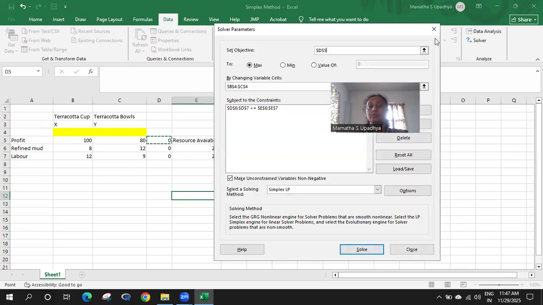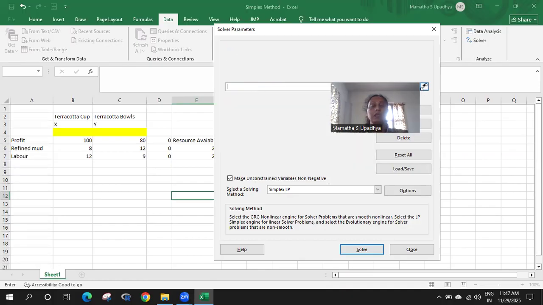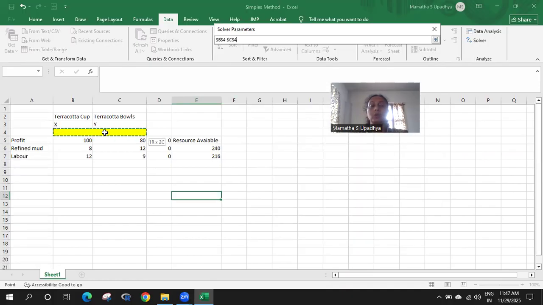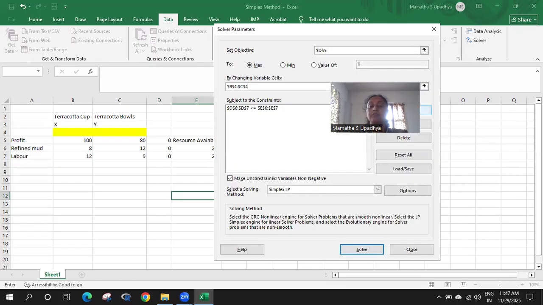Since we want to maximize the profit, let me select max. Then it is asking for the by changing variable cells. The cells I colored in yellow are our changing variable cells, so let me select that. After this, select a solving method. You can select the solving method as Simplex LP.